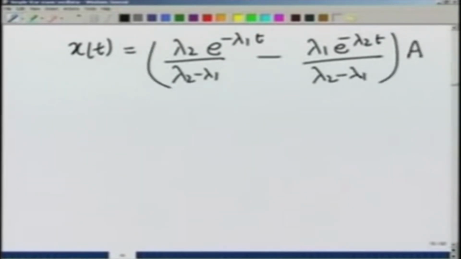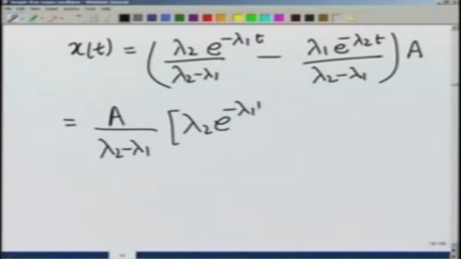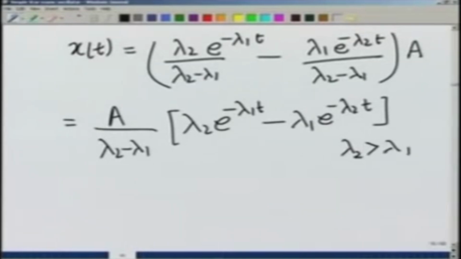You can substitute C and D and see this is the solution, which is equal to a/(λ2 - λ1) times [λ2 e^(-λ1 t) - λ1 e^(-λ2 t)]. And keep in mind that λ2 is greater than λ1.